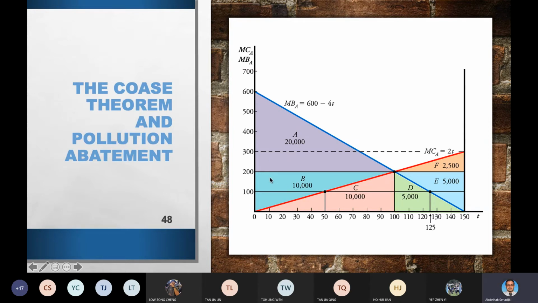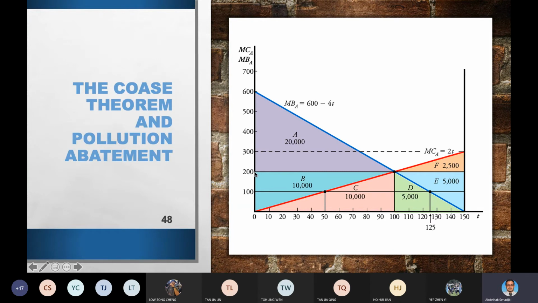The second scenario, sorry, yeah, the cost is 22.5K here. Okay. And the fishermen have the property right. So now, again, I was just confused. Here the firm will offer to pay 200 per ton dumped into the river.